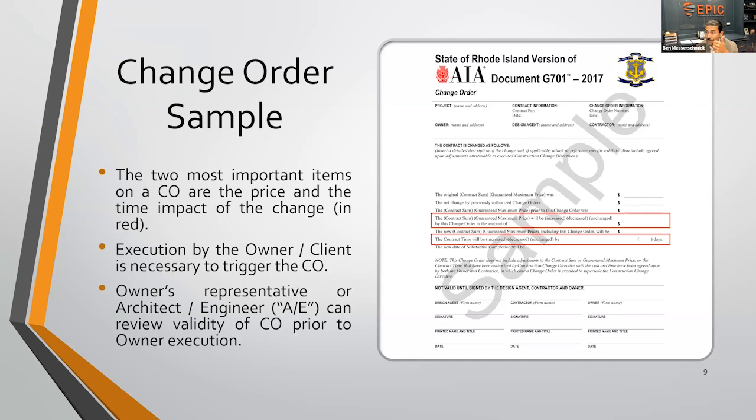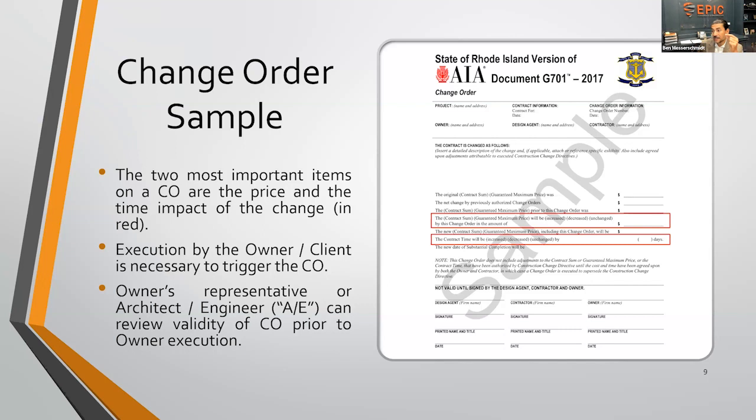So that's the first check. Once that check is confirmed, and the numbers are also in line with any previously negotiated items, that is then signed off by the engineer, basically saying this is a valid change order. That gets sent over to the association or the client for their review and execution as well.